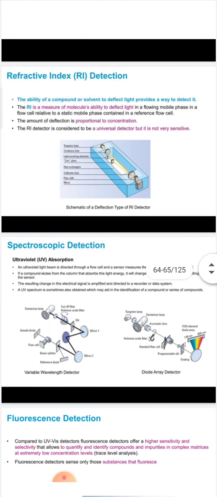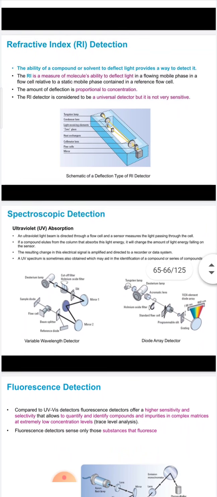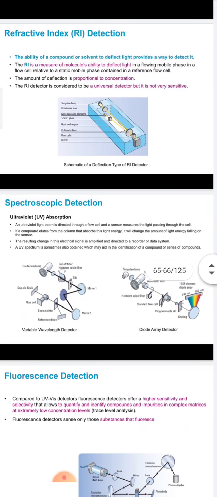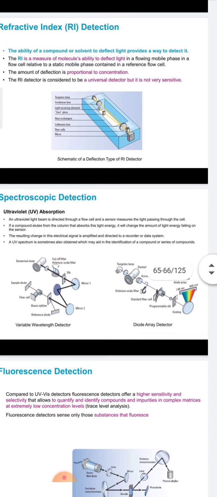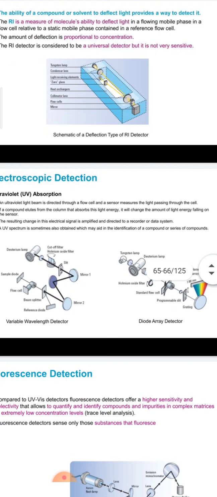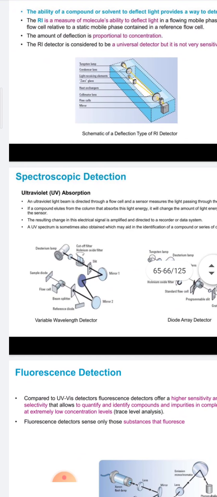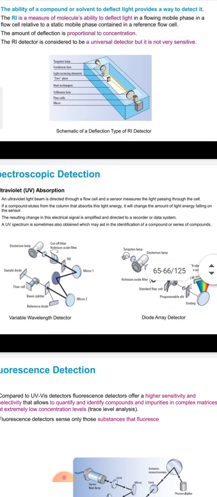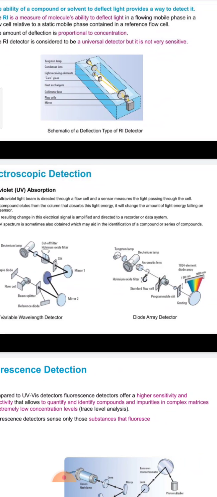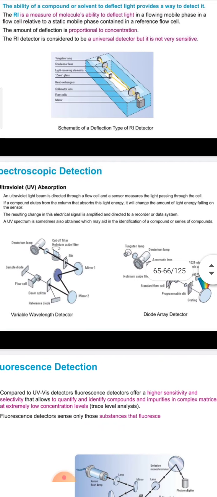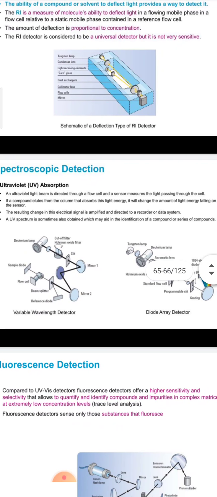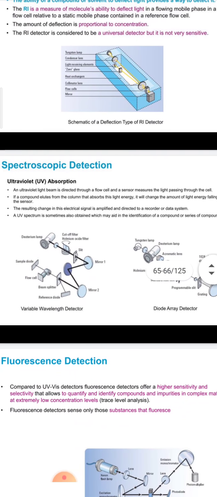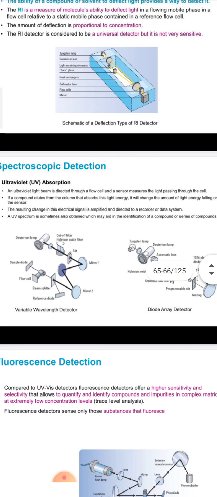Then spectroscopic detection, that is the UV detector. A light beam is directed through the flow cell, and a sensor measures the light passing through the cell. If a compound eluting from the column absorbs the light energy, it will change the amount of light energy falling on the sensor. The resulting change in the electric signal is amplified and directed to the recorder or data system.